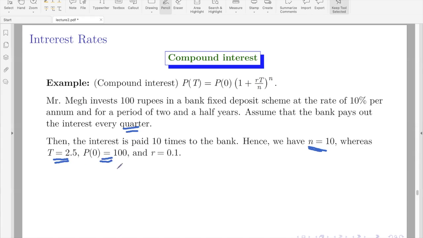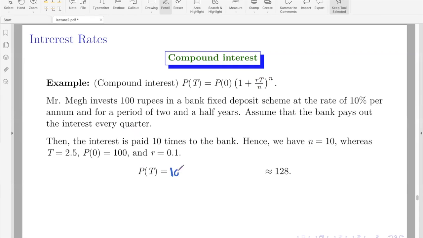The initial principal amount is P of 0, which is 100, and the interest rate is given by R equal to 0.1, right? So P of T is given by, you just apply, put all these values into the formula.